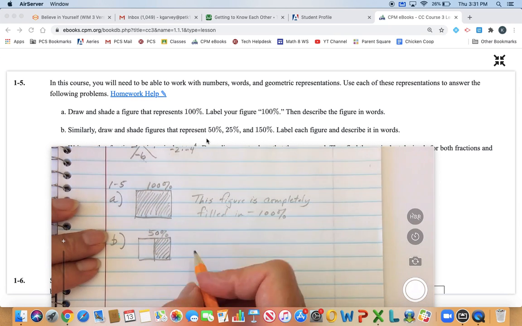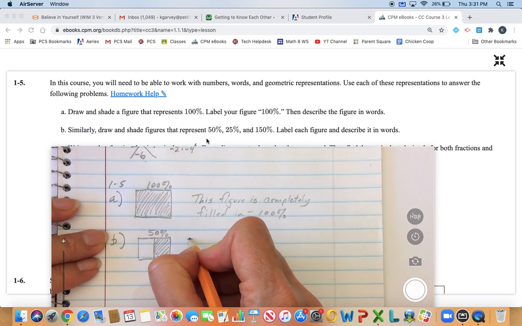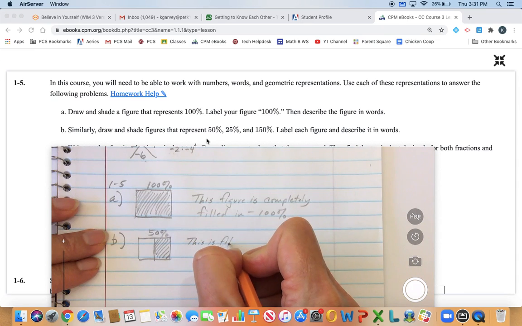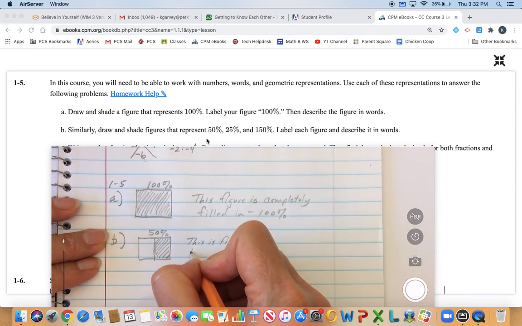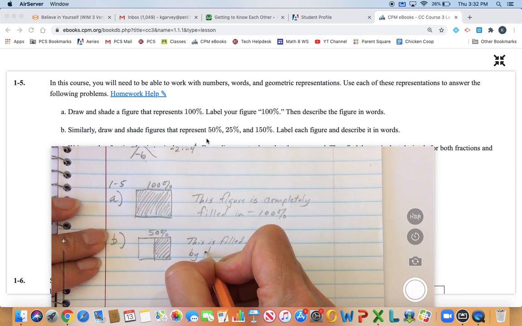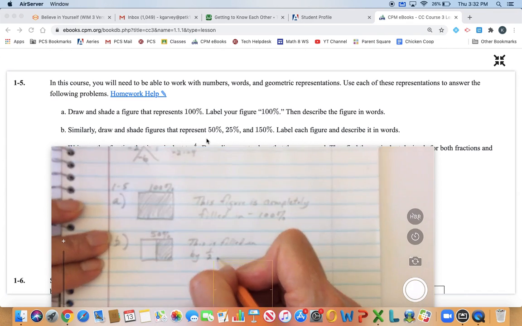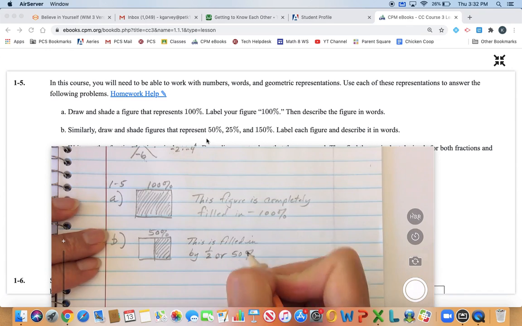And if I were going to describe this in words, I would say this is filled in by 1/2. Or I could say 50%. All right.